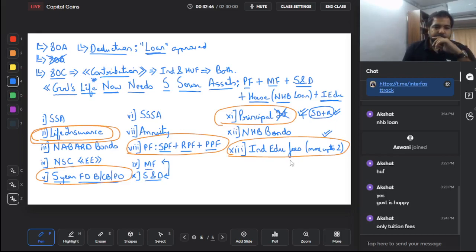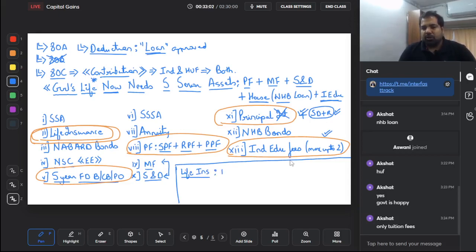Next, for life insurance, I want to discuss life insurance separately, so everyone pay attention. Life insurance is actually exempt. There is a section called 10(10)(d), D is death, which says that if an amount comes on death of a person, unfortunately there's a person who's no more and he had taken a life insurance policy and the family gets the money, on death of a person, it is completely exempt.